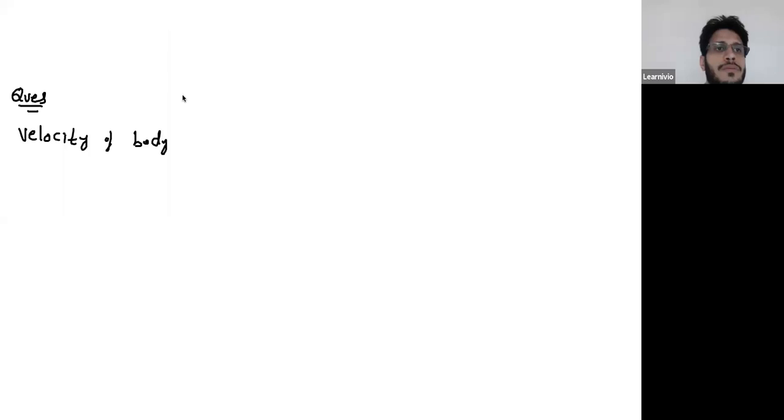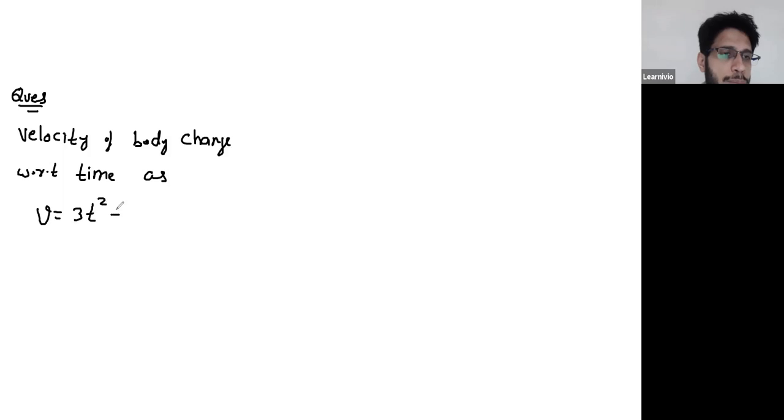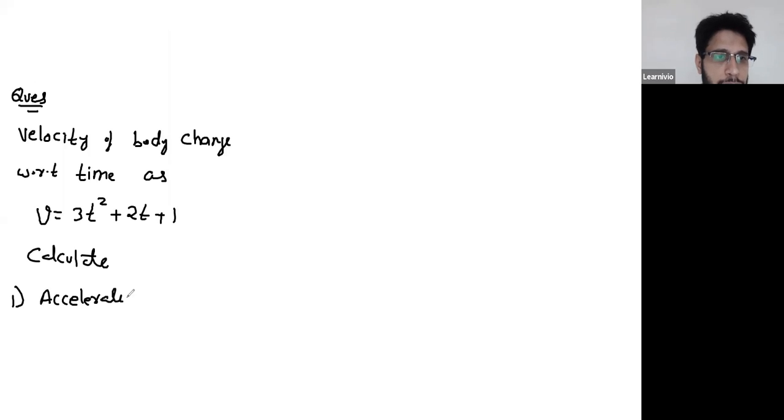Okay, after instantaneous acceleration, do one numerical. The velocity of a body changes with respect to time, and this is the expression of velocity: v equals 3t square plus 2t plus 1. Calculate first, the acceleration in 0 to 2 seconds.